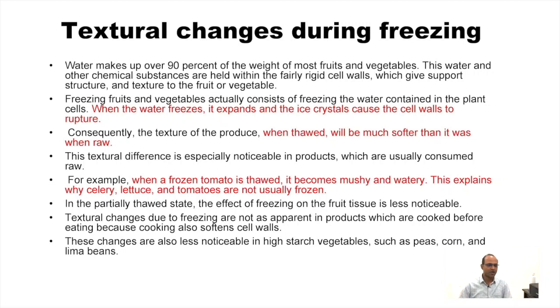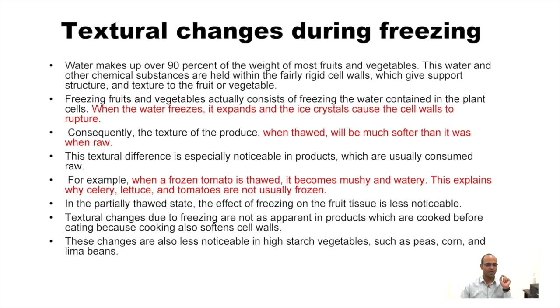Now another important aspect is the textural changes. As we all know, water has a peculiarity that it expands on freezing. So if we go with a slow freezing rate, the size of the crystals would be larger. Here is an example where the freezing is done for, let us say, 20 minutes.